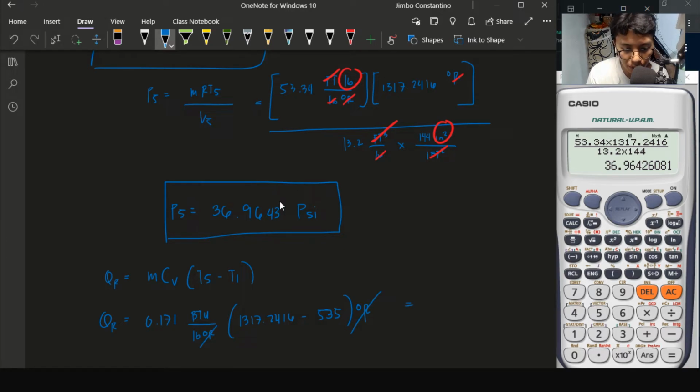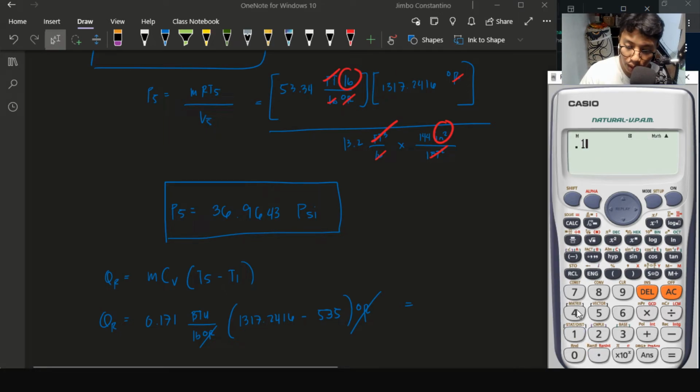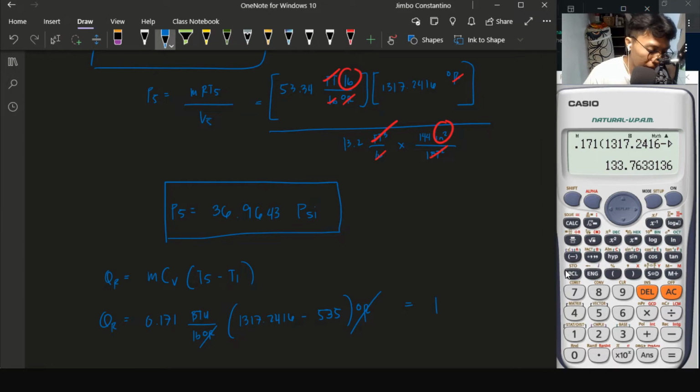Ang matitira BTU per pound. 0.171 times (1317.2416 minus 535) is 133.763 BTU per pound.